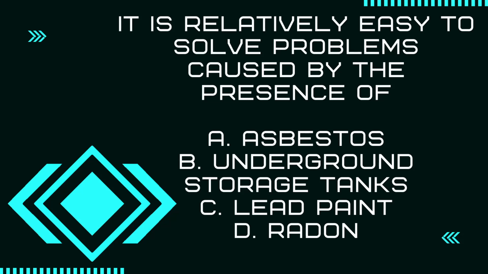It's D, radon. Radon is one of the easiest things to remediate. They literally put a PVC pipe down into the lowest portion of the home, typically the crawl space or the basement, and it vents out to the side of the home. There will be a fan attached, and it will take whatever radon gas is naturally occurring.